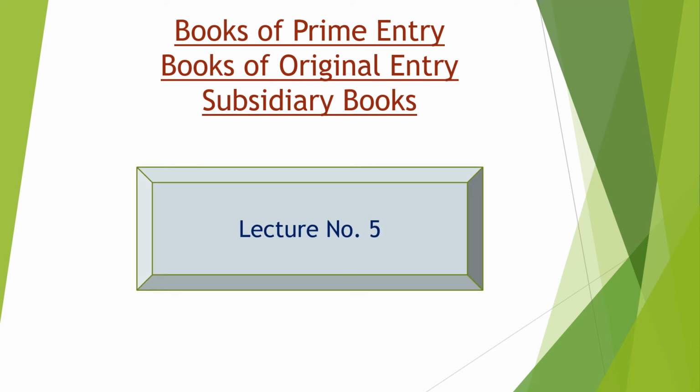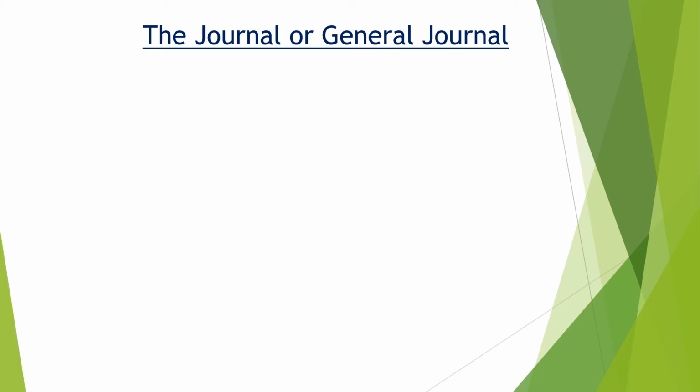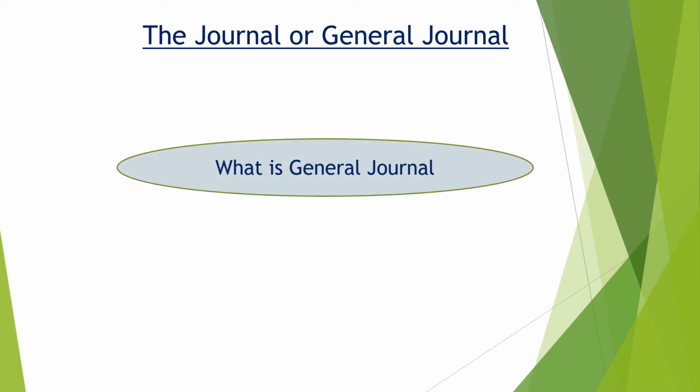Lecture number 5, and this is the final lecture regarding books of prime entry, which is the journal or general journal. What is a journal? There could be several reasons where a journal is required.